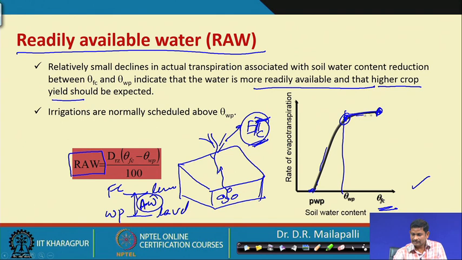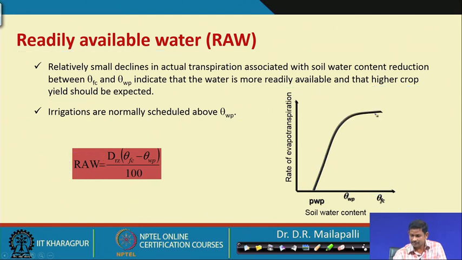So, here if you see the water is down up to here, even if you wait to replenish water up to this point, it is not exactly a problem. If you see this graph, here it is almost constant, theta f c.